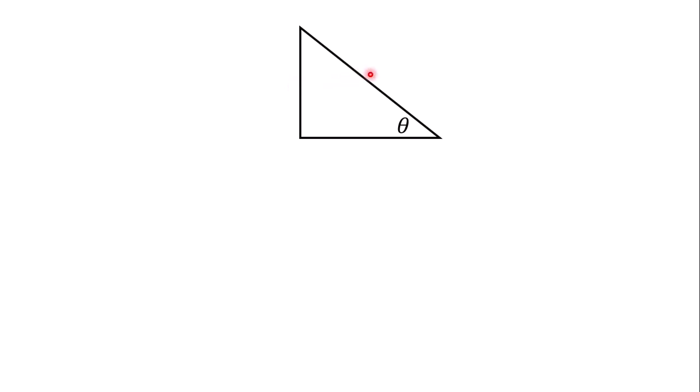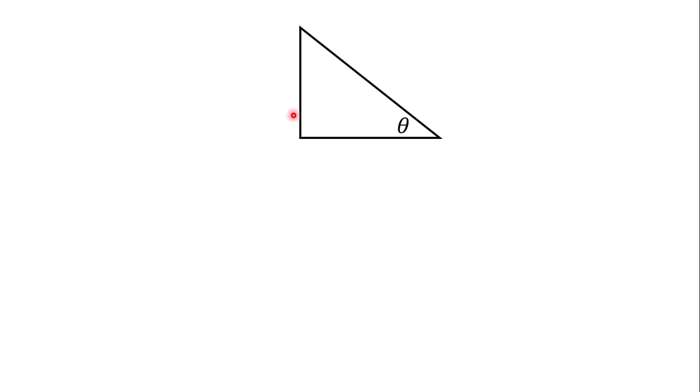So x will come here, and then 1 will come here. When the x is here, that will give us x, and then here will be 1.